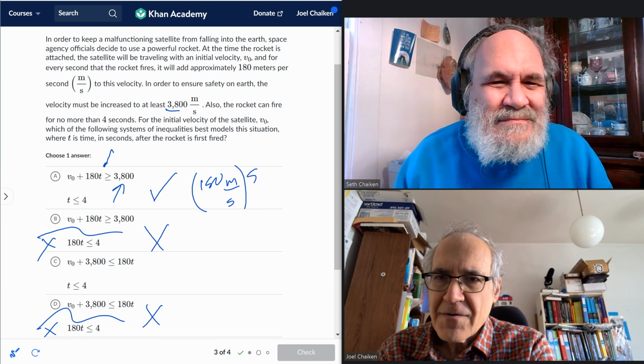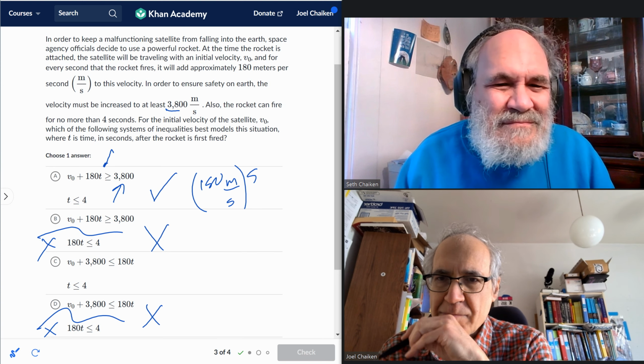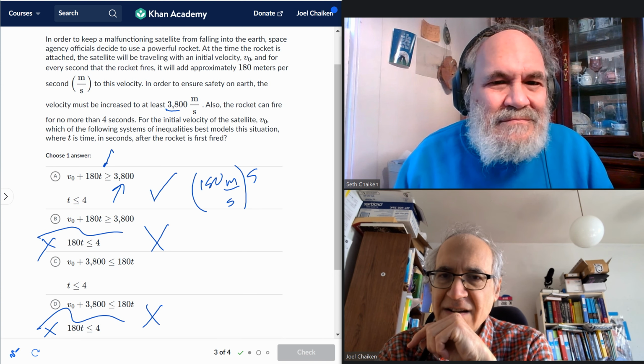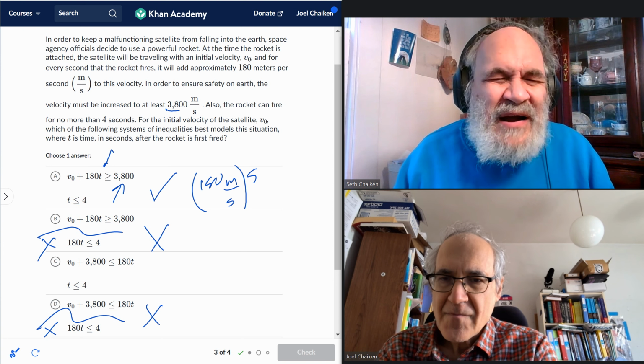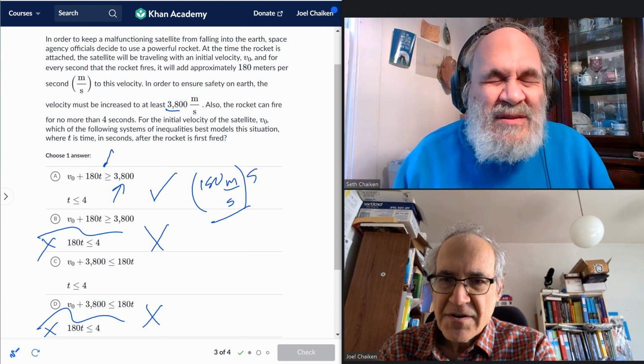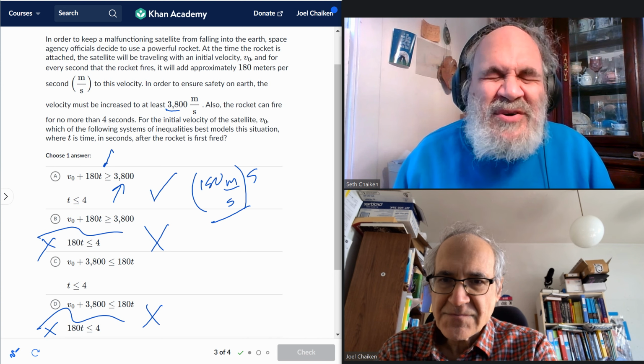If for every second the rocket fires, the increase in velocity is 180 meters per second.